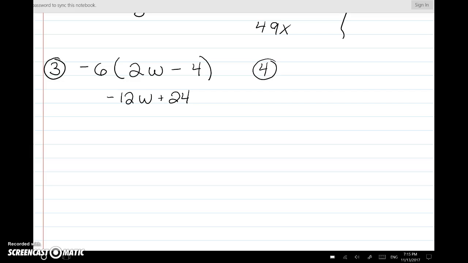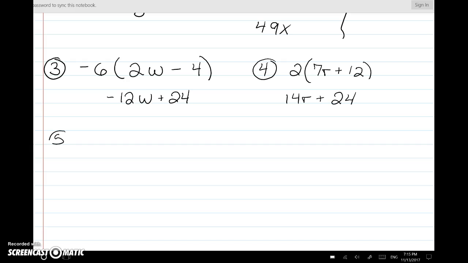Problem 4 is going to be 2 times (7r plus 12). Again, when we solve this, this is 14r plus 24.